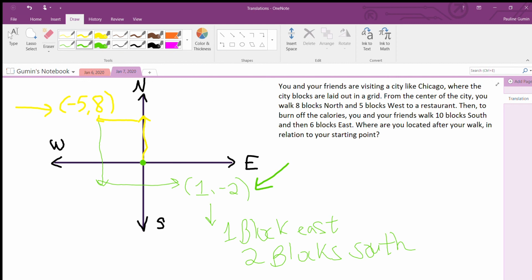Well, I guess we didn't really need to write the translation, but let's find it anyways. Okay, from -5 to 1, oh yeah, we do have the translation. Our translation was 6 east and 10 south.